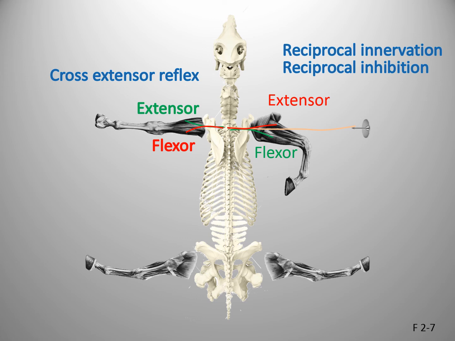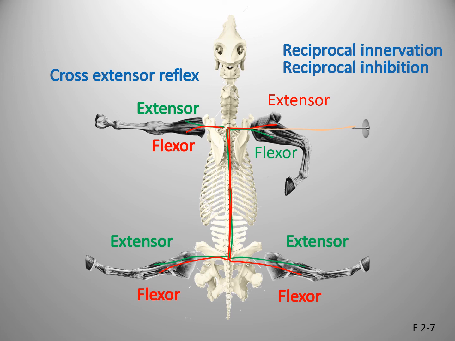This permits switching the load to the unaffected limb in order to prevent a potential fall. To ensure full stability, the interneuron is also synapsed to neurons in the hind limb, ensuring that the extensor muscles are activated and the flexors are inhibited.